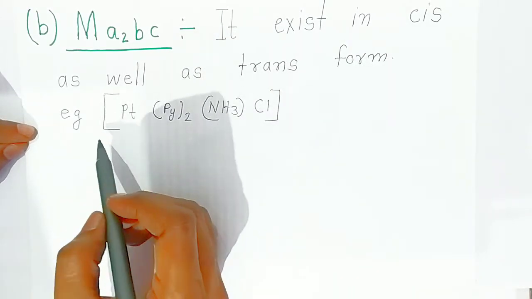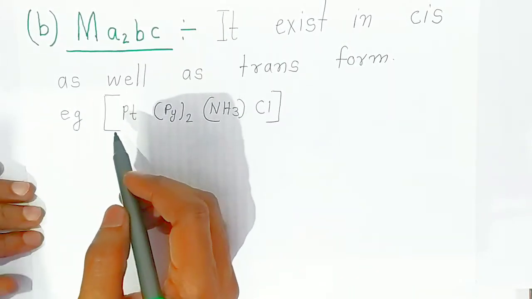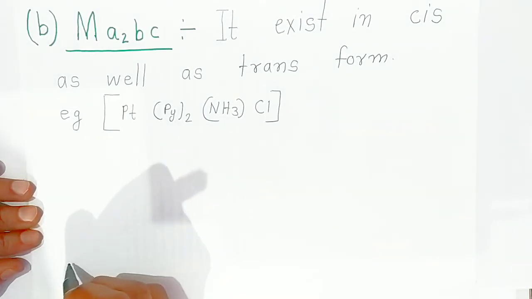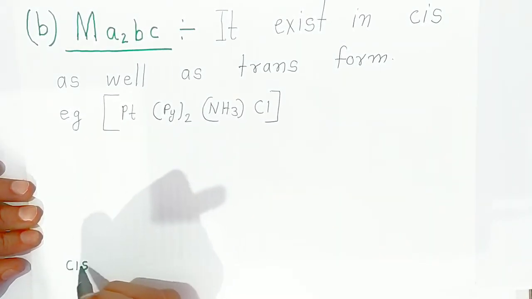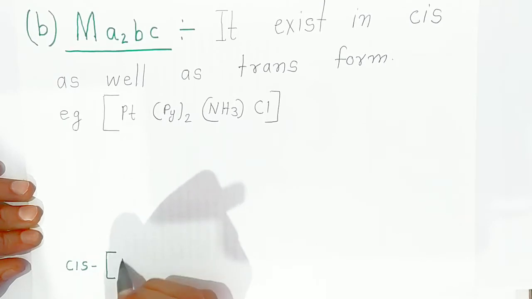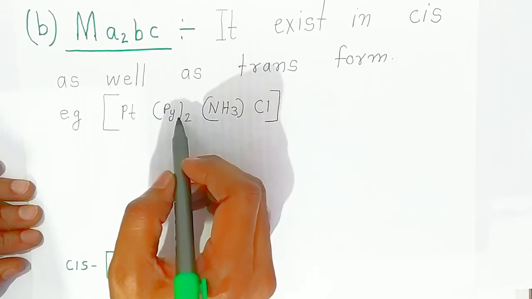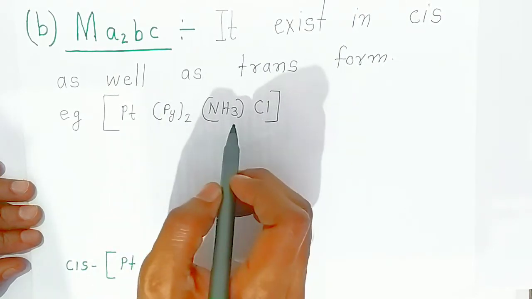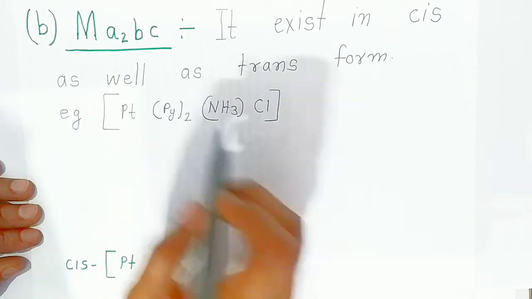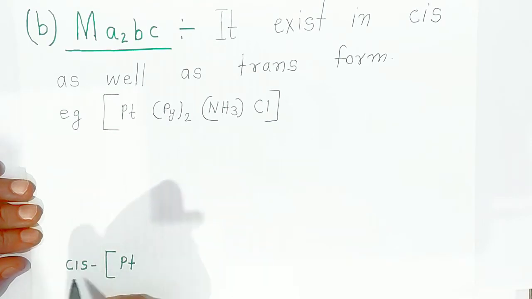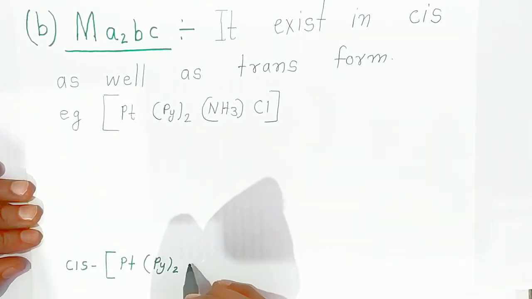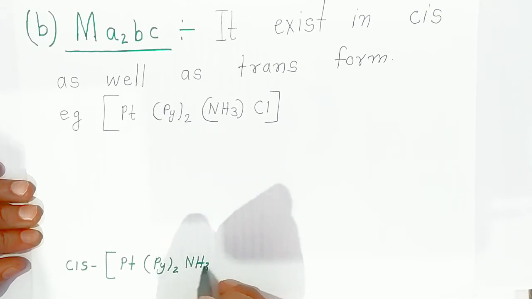Now you have to write down the cis form of this complex. How will you write the cis type of complex, students? Now you want to write the structure of the cis type of this complex. Here platinum and the ligands are pyridine, 2 ligands of pyridine, and ammonia and chloride. So here 3 types of ligands are there, but the pyridine ligand is 2 in number. So you write the cis type of this complex: pyridine 2, Py twice, then ammonia, NH3, then chloride.